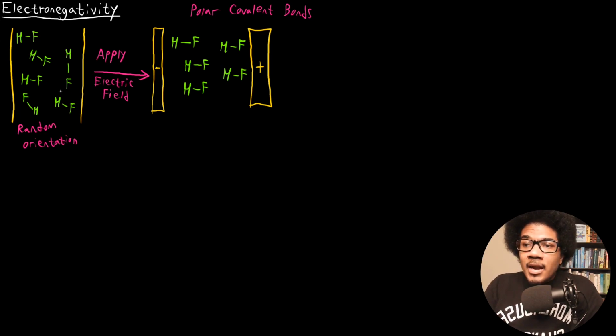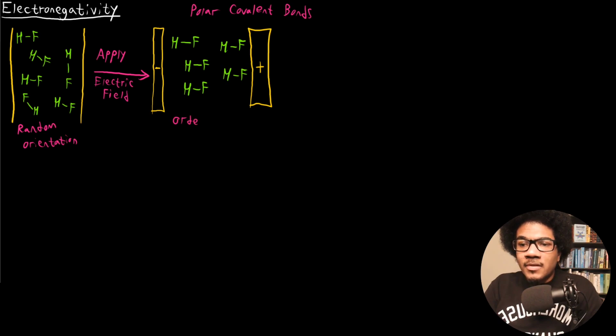container. Now, if you were to apply an electric field to HF in this random orientation, what you would notice is that the fluorine would be pointing towards the positive end and the hydrogen would be pointing towards the negative end of your applied electric field. So basically orienting themselves in a very ordered fashion.